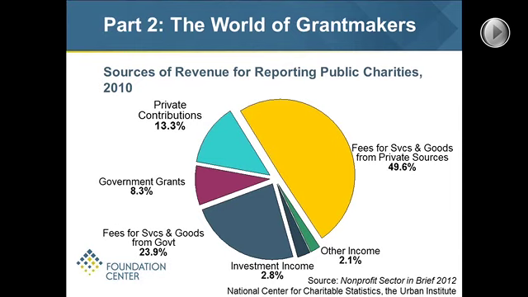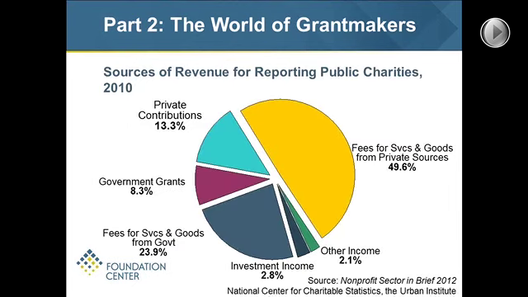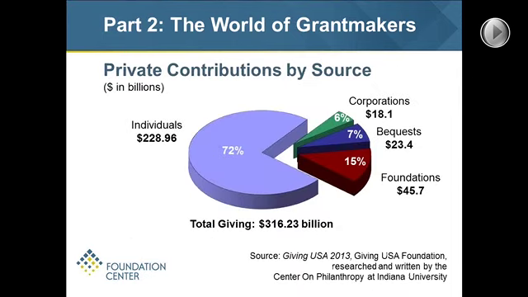So you really just want to make sure that, and this is looking at the private contributions by source, so this is just breaking down. I'm just going to go back quickly again at private contributions at 13.3%. It looks like this. So you see that most of that money is coming from individuals and not really corporations and foundations, which also surprises people.